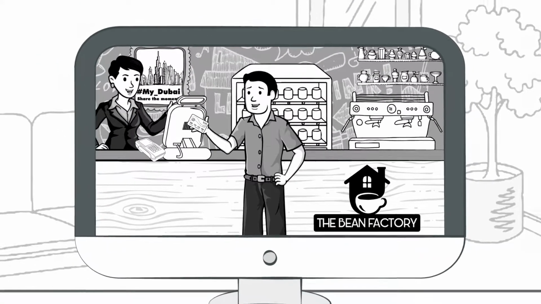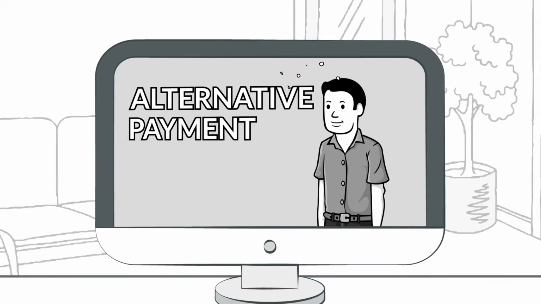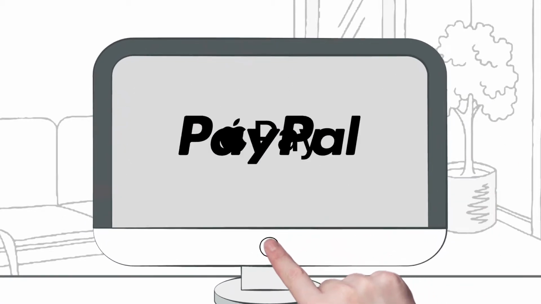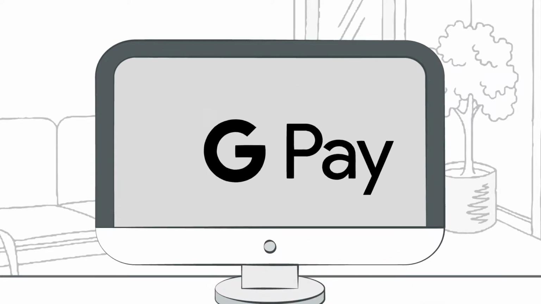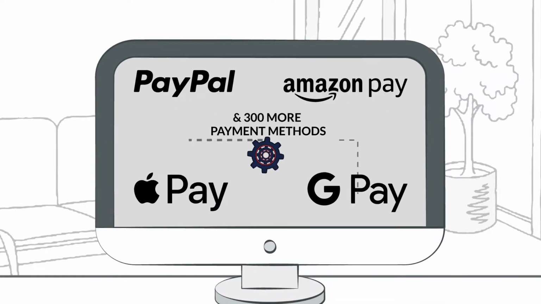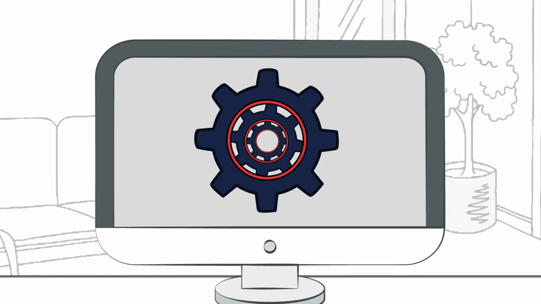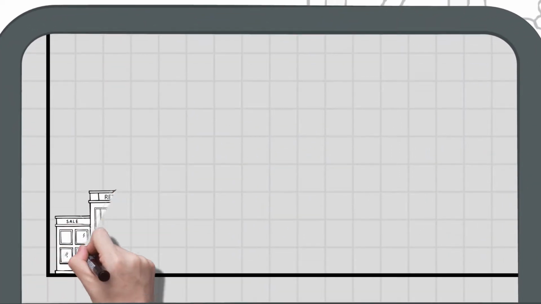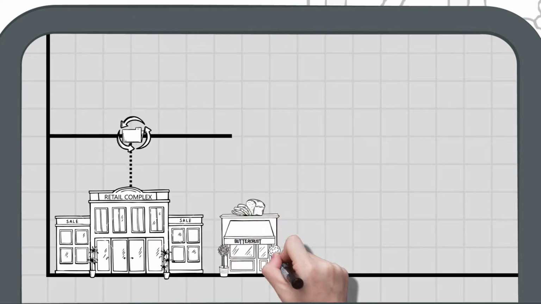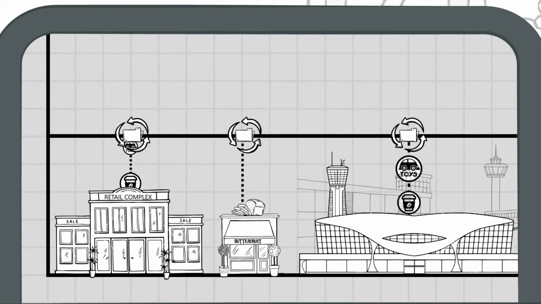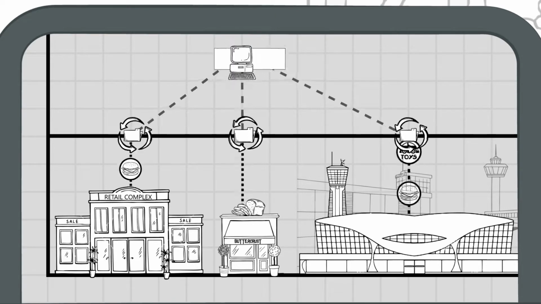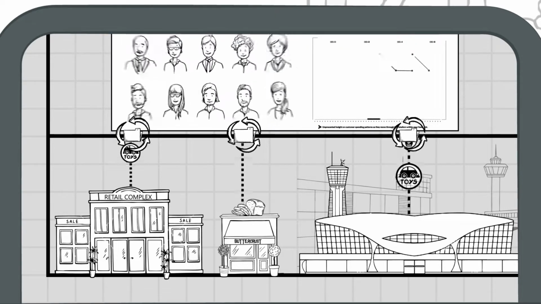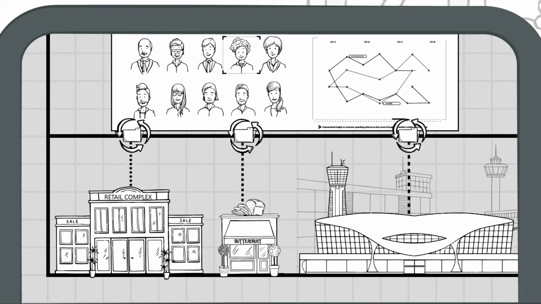In addition, had Adam wanted to use an alternative payment method such as Apple Pay, PayPal, Amazon Pay, or Google Pay, this could have been accepted through Travelex's own payment portal. Through your API, Travelex can give you the ability to consolidate transaction data from all the retailers within your destination, providing you with a single data source that gives you unprecedented insight into customers' spending patterns as they move through the retailers within your footprint.